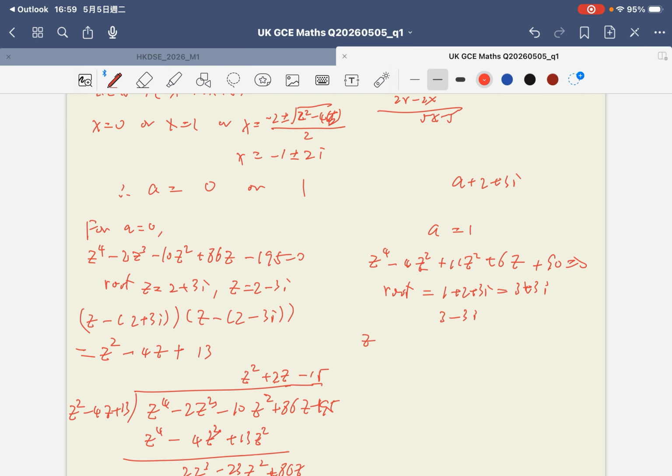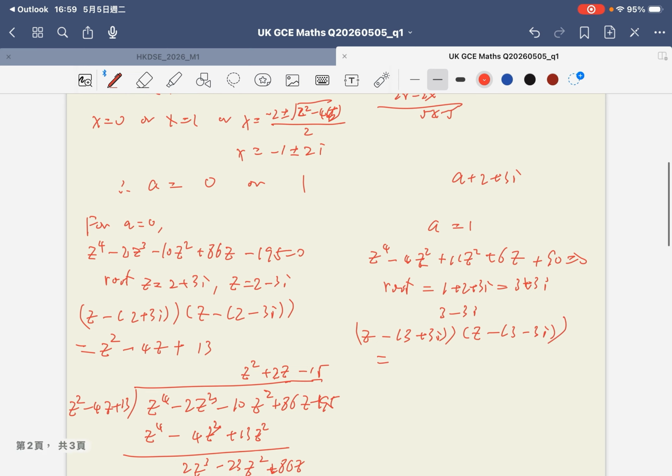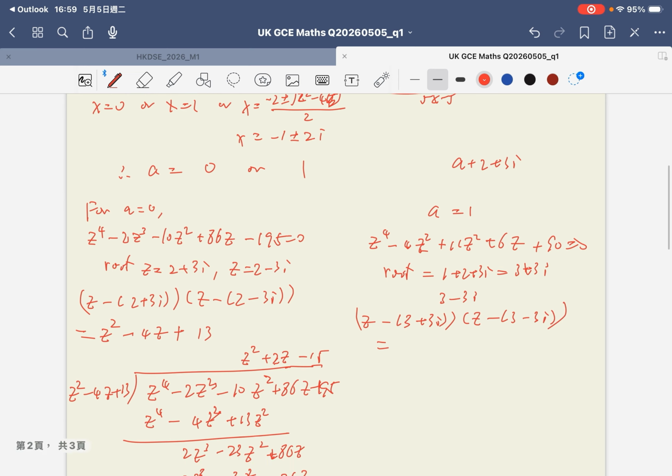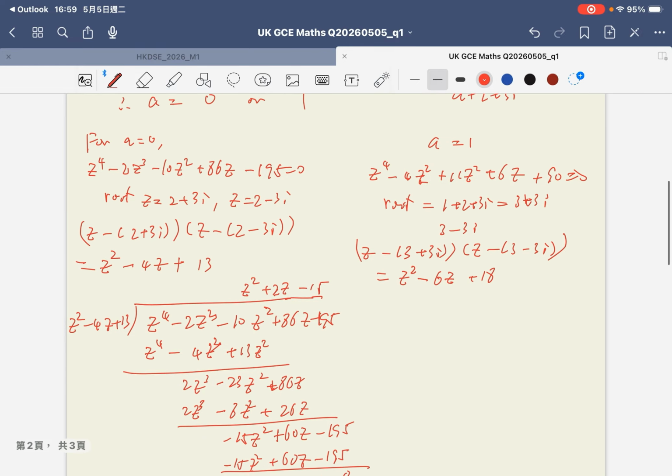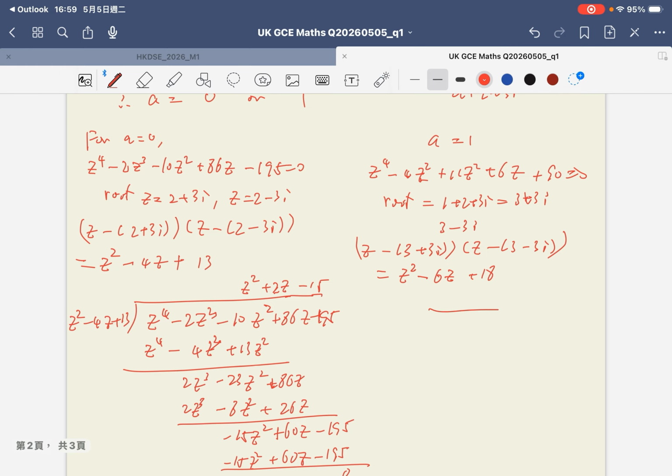Then the factor is z minus 3 plus 3i times z minus 3 minus 3i. And you only need to do some simple calculation. You get z squared minus 6z plus 18. Then do your long division again.